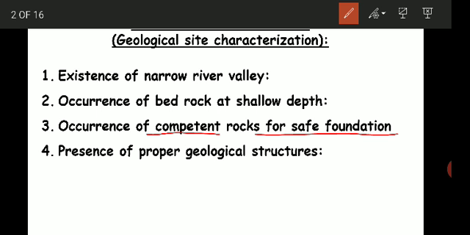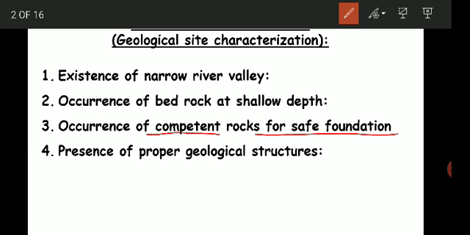So the rocks present at the dam site should be competent rocks, that is hard rock. Then the presence of proper geological structures is again very important for the safety and stability of the dam. There should be favorable structures, like there should not be any faulted zone or folded rocks. Okay, how to select a proper site for the dam?